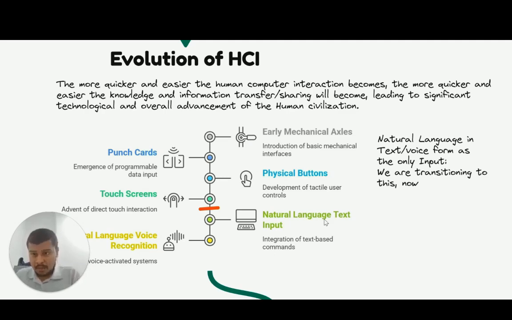Then we went on with punch cards, and then slowly went on with physical computers, and then touch screen. And now we are in this phase where a natural language text can be given as an input. We are transitioning to that phase where we can directly interact with computers using natural language. So this has been the evolution of HCI.